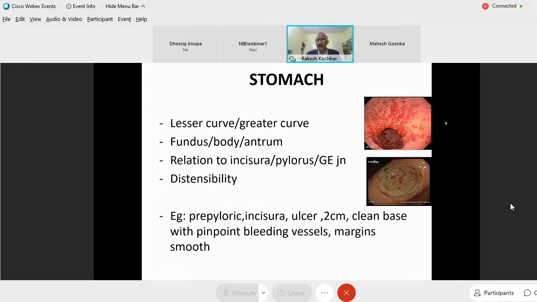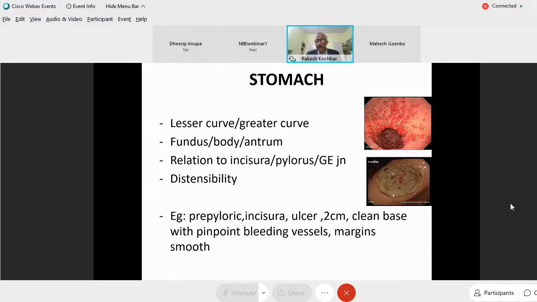Now, for example, in this patient, the lesion seen here is an ulcer at the incisura, and these are vascular lesions in the antrum. You can see the pyloric opening somewhere here.